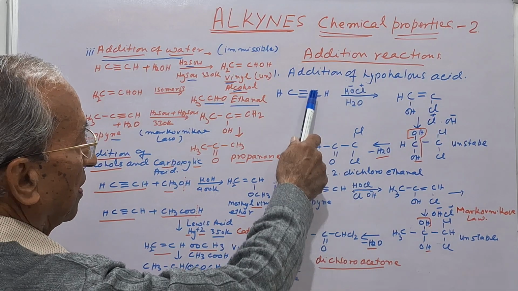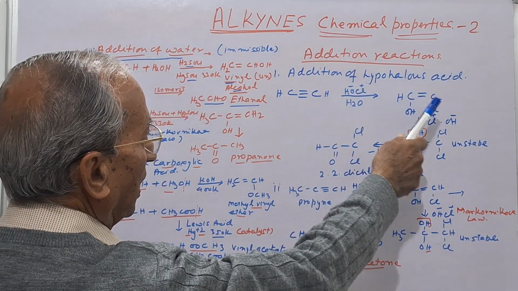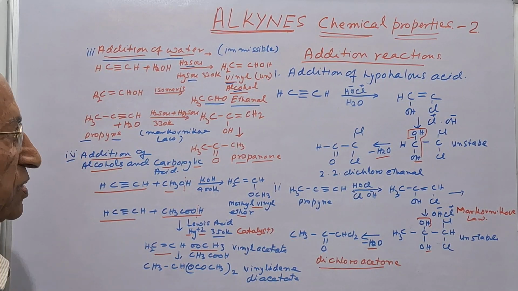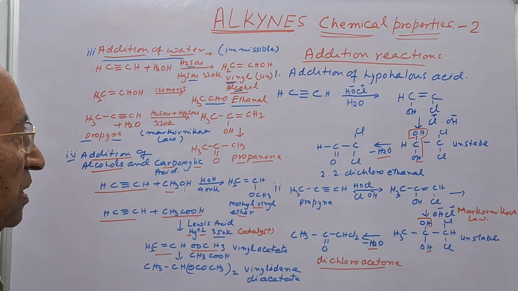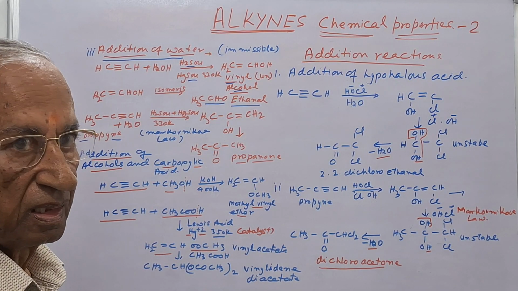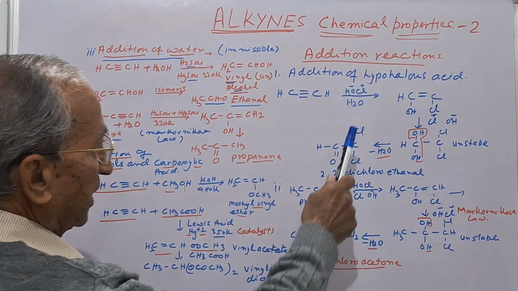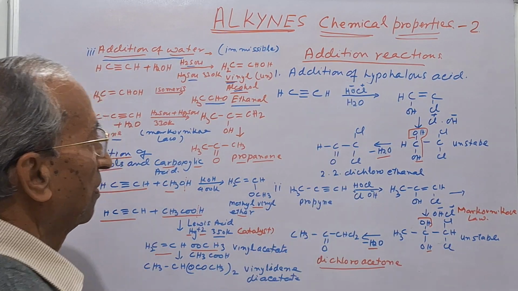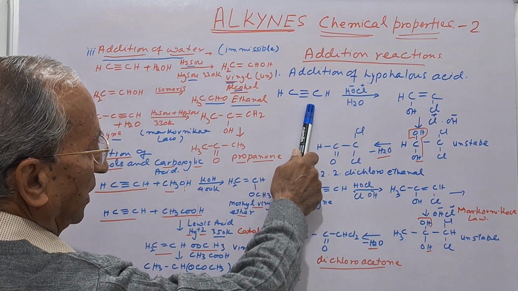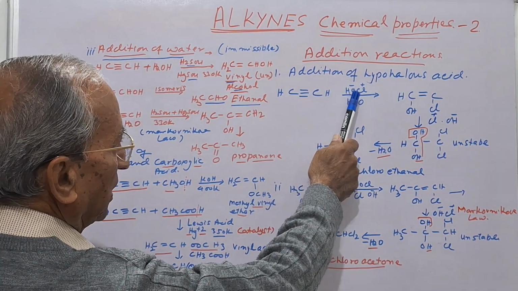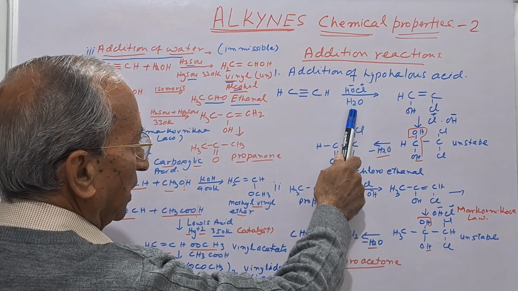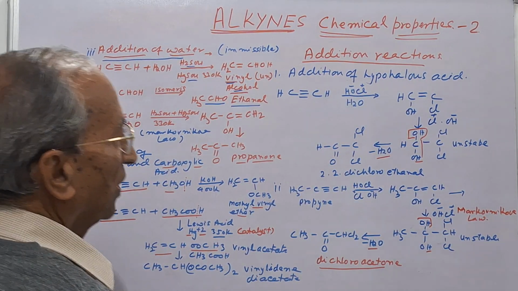First is addition of the hypohalous acids, that is, it may be HOCl or HOBr. This reaction takes place in the presence of water. Ethyne reacts with HOCl in presence of water.